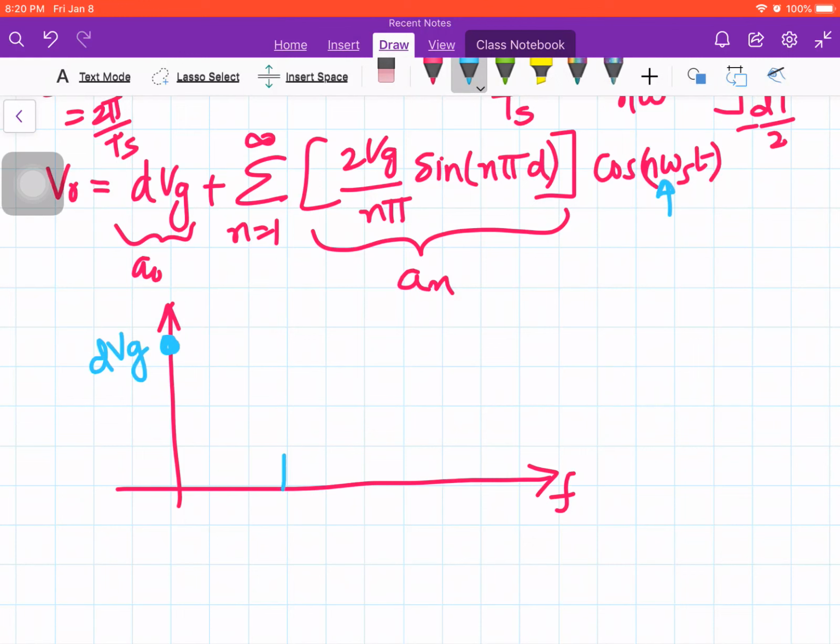Let us say this is our omega s, and based on the Fourier coefficient we can see that the magnitude is a decreasing function of n. So we have several other components at omega s, 2 omega s, 3 omega s, and so on.